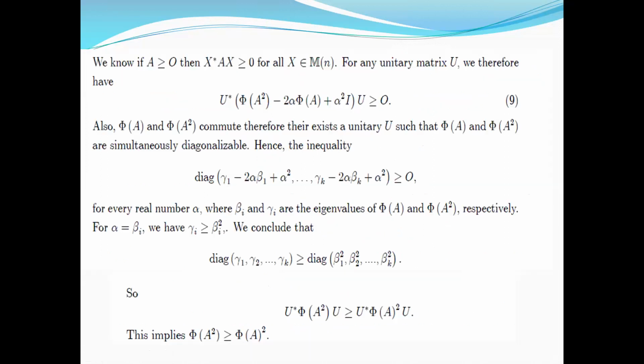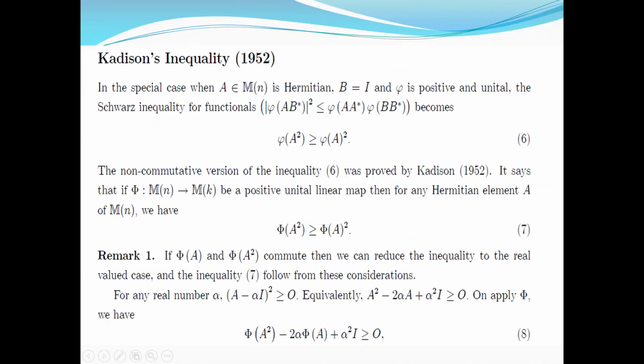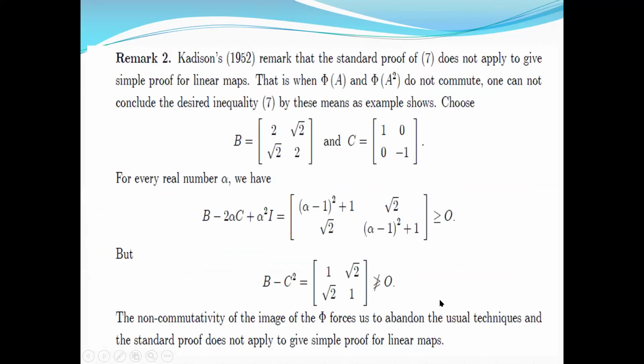What we are doing in place of this is A^2 minus 2 alpha A plus alpha^2 I. He has given this example that this holds; this is positive semi-definite. But B minus C^2 is this matrix. The determinant of this matrix is 1 minus root 2, which is negative.